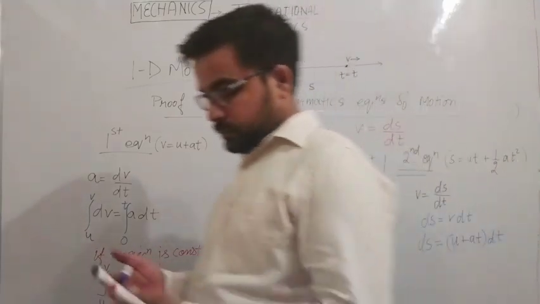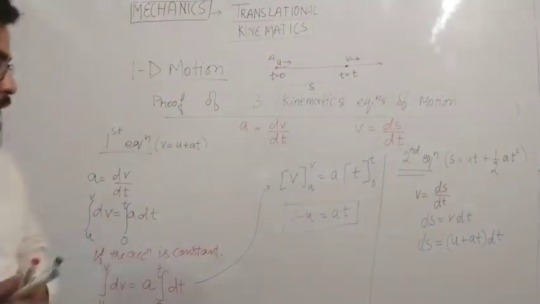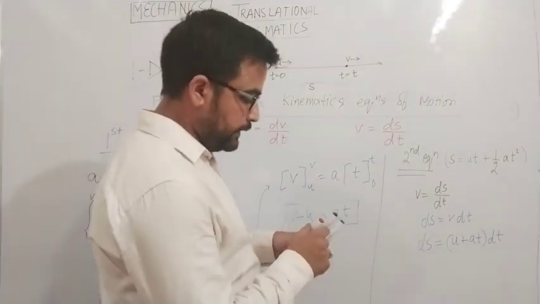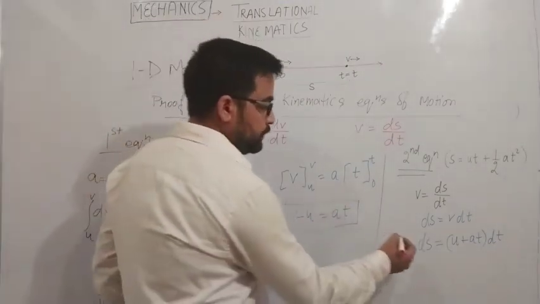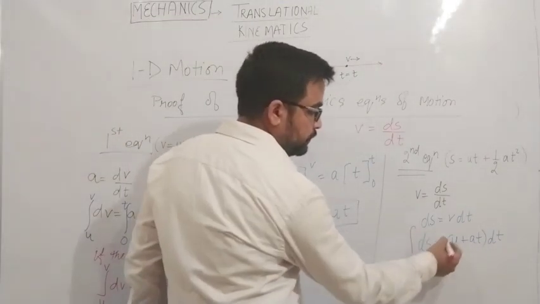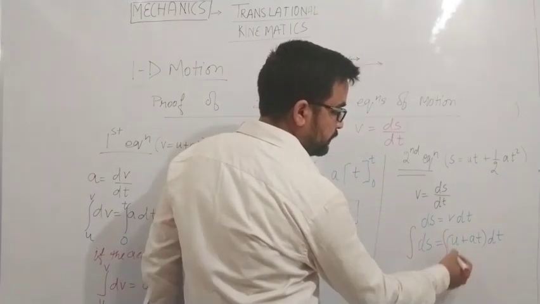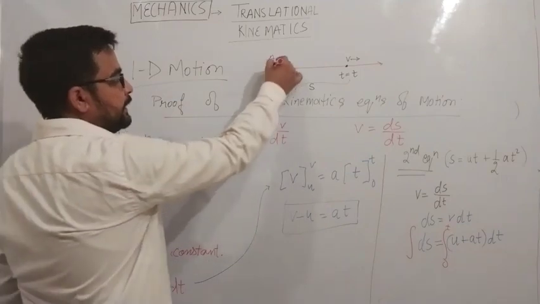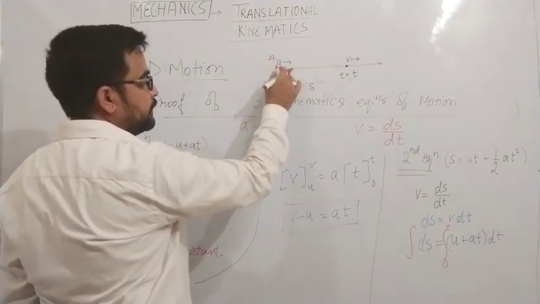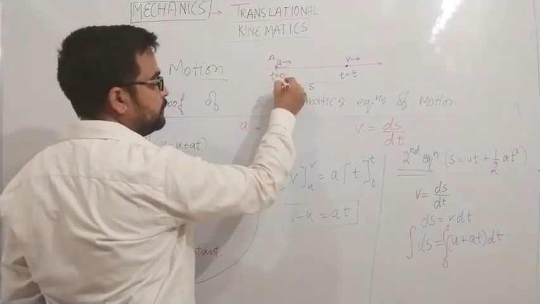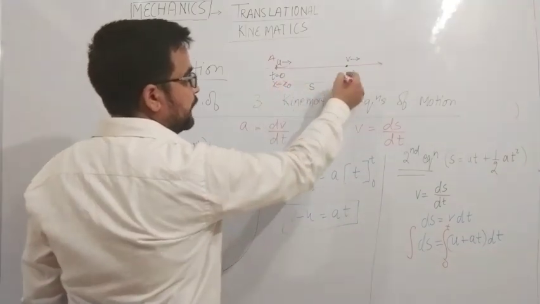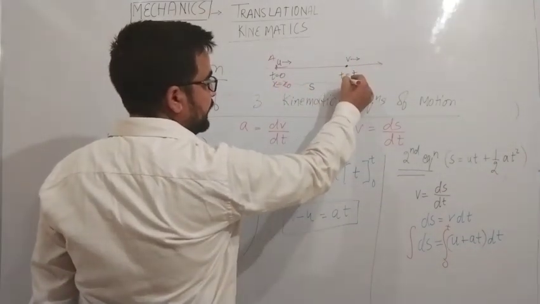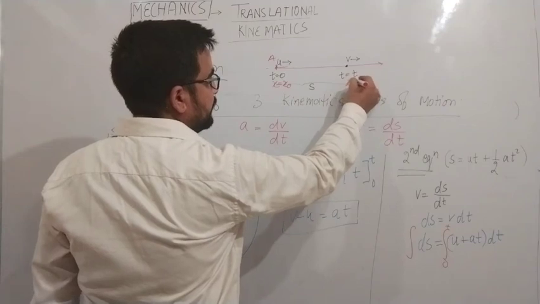Now this equation again you will integrate over the time period 0 to t. So suppose I take the starting position as x naught. At time t is equal to 0, it was x is equal to x naught, and at time t is equal to t, it is x is equal to x.